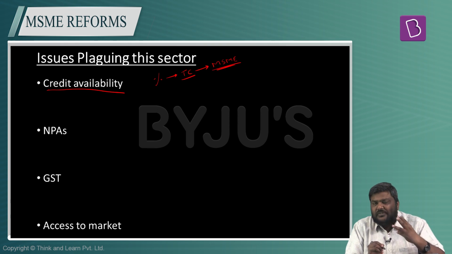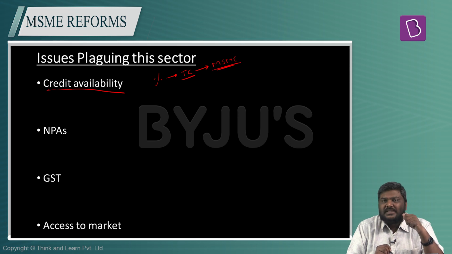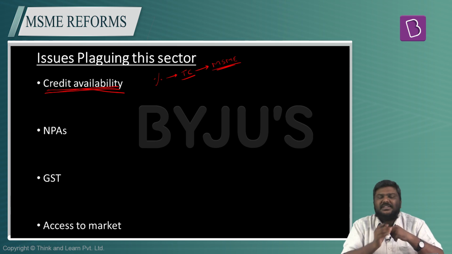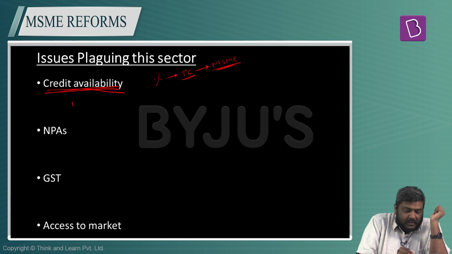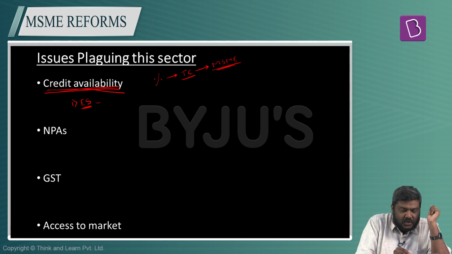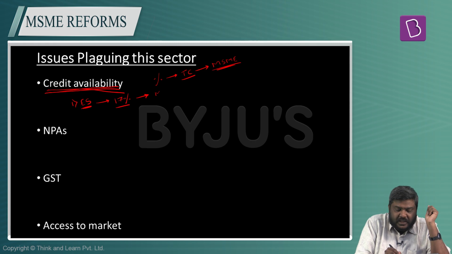Now I'll go to three very important reports which prove that there is a problem of credit availability in the MSME sector. One, this year's economic survey has pointed out that until last year, out of the total credit flowing into the industries, only around 17% actually went to the MSME sector.